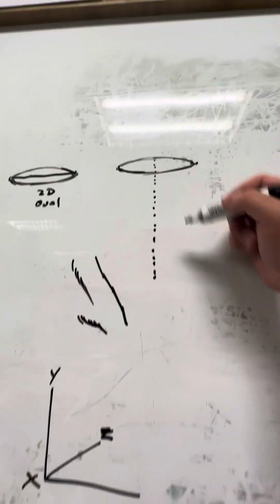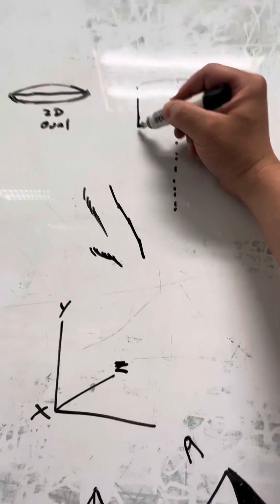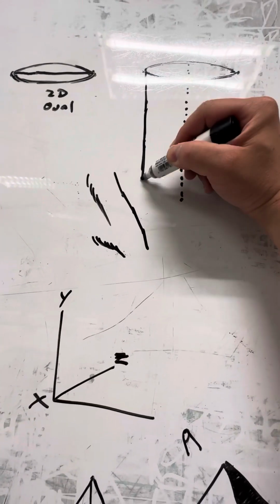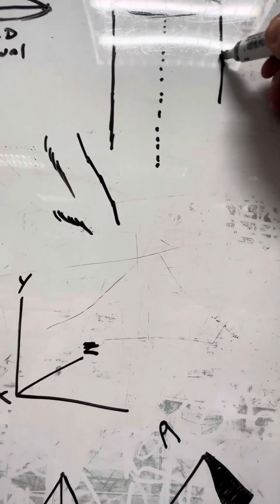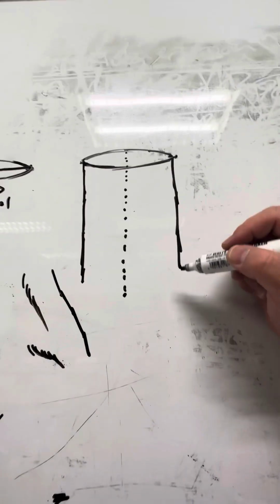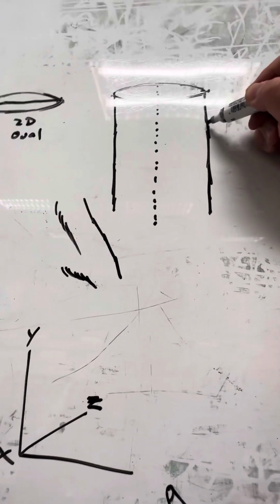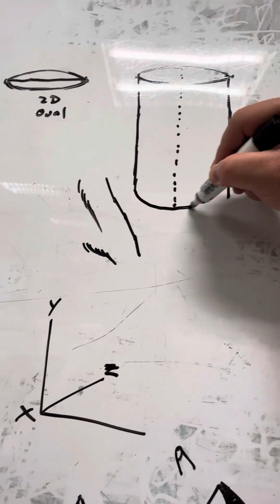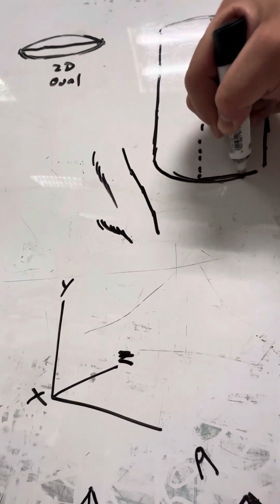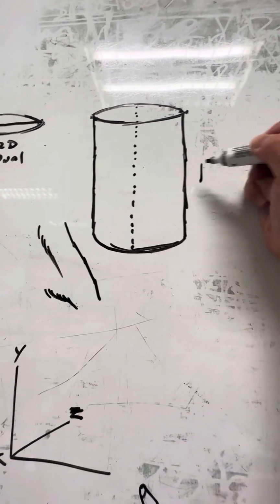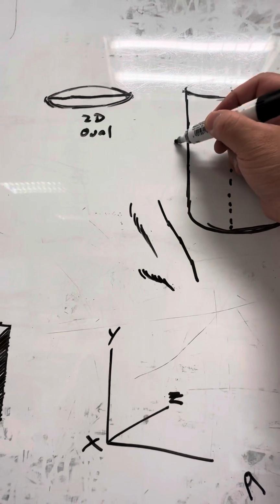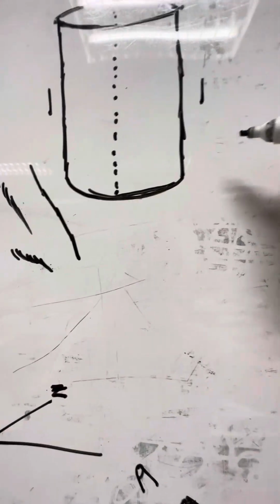And it's a cylinder in 3D, the oval, okay? So I'm going to do the 3D shape. Sorry about that. And the line here is parallel to this line, the vertical line, right?